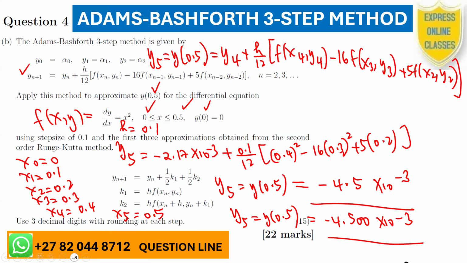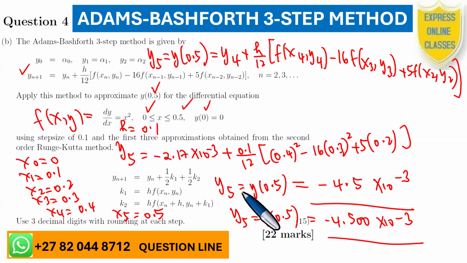In which case, obviously, it was subject to that kind of analysis. So yeah, we would possibly have taken more decimal digits, but this is what we call the Adams-Bashforth 3-step method.